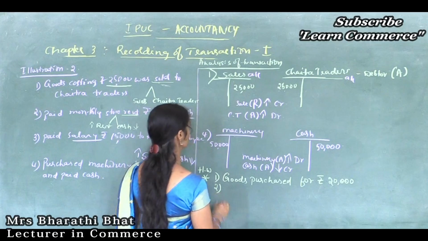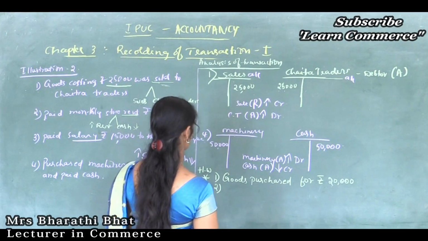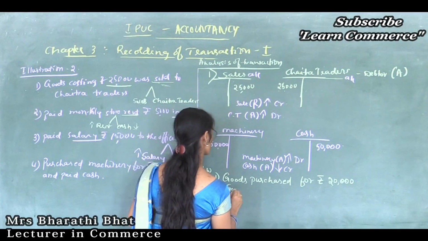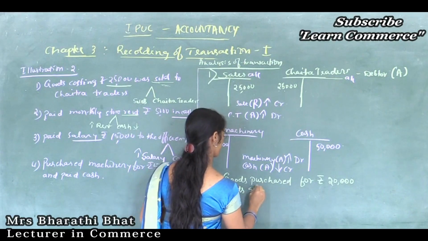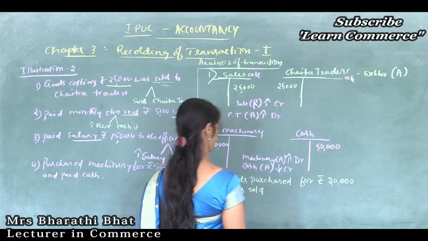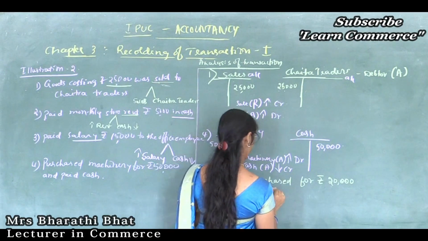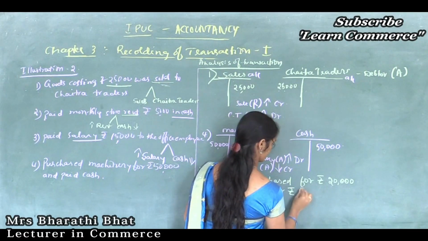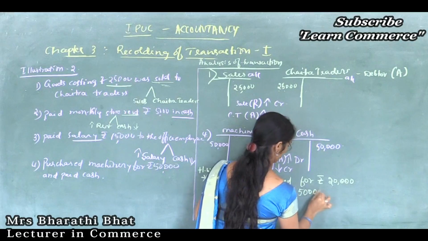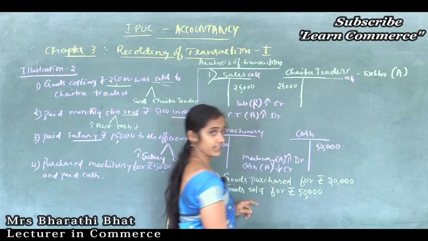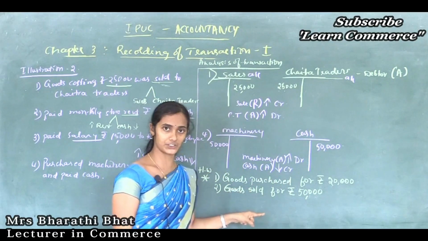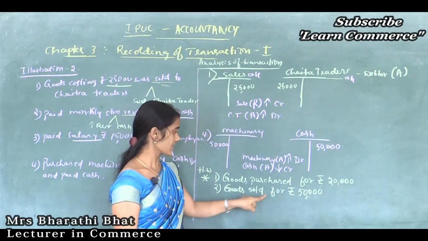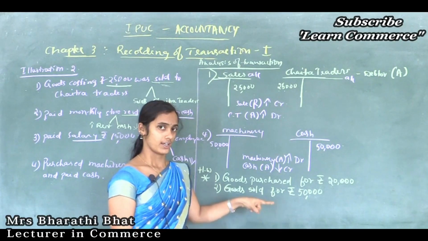And the second one: goods sold for rupees 50,000. Here the person's name is not mentioned, so you should consider sales and cash.